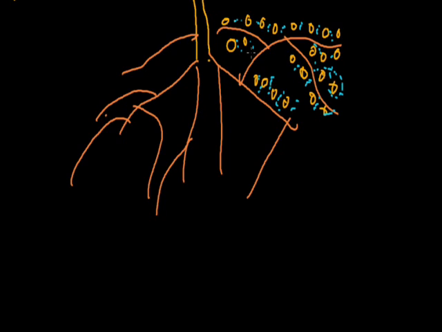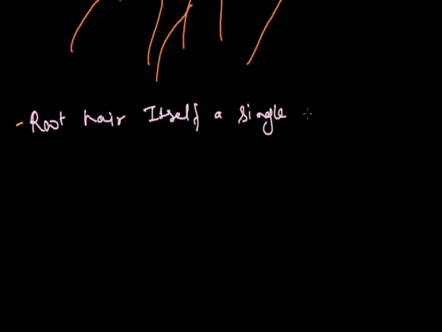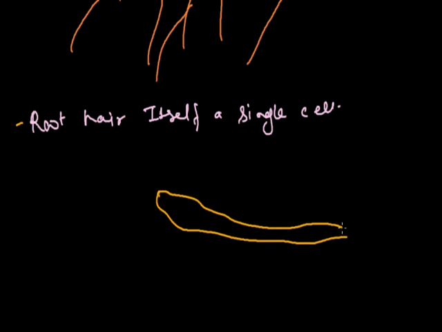If I draw the diagram of a root hair, it is a single cell. Root hairs are fixed between soil particles.